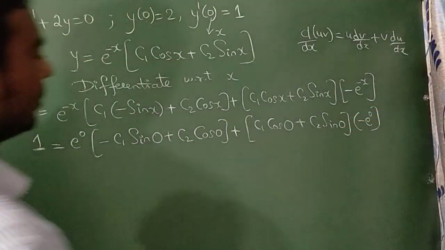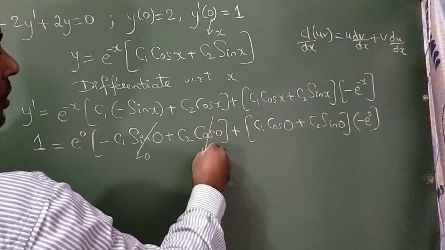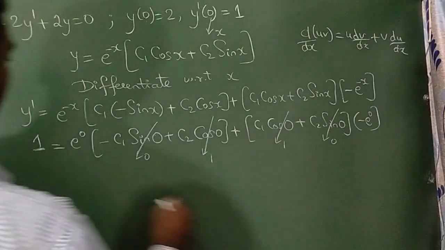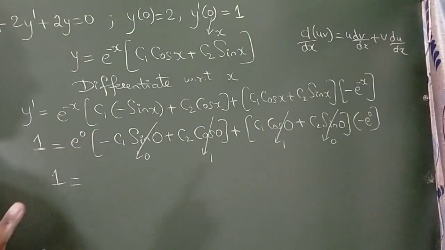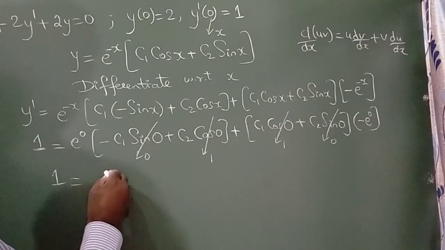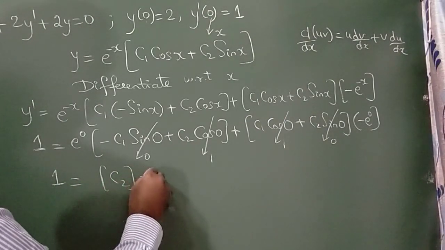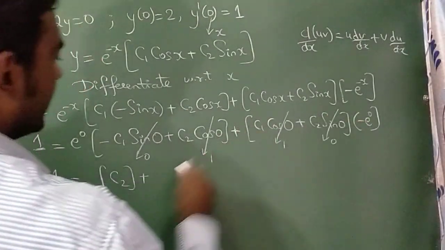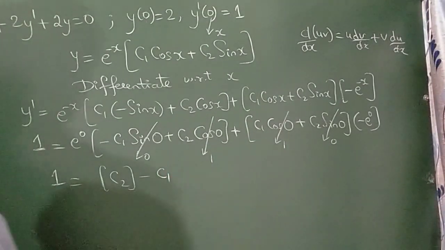Now as you know that sin 0 is 0, cos 0 is 1, cos 0 is 1, sin 0 is 0. So e raised to 0 is 1. Fine. So here I'll get c2, okay, plus, here plus into minus is minus, and I'll get here c1.